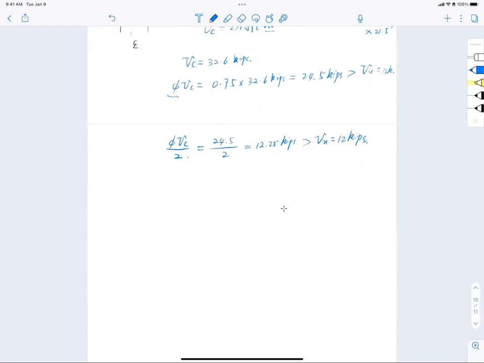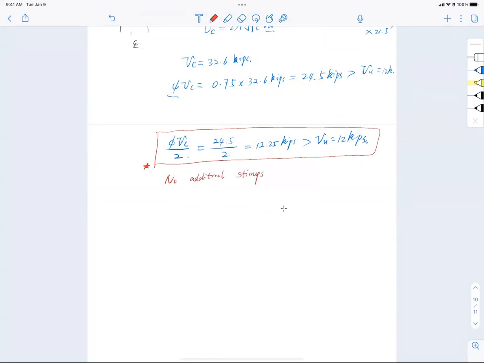If you have this criterion satisfied, half phi Vc bigger than the applied shear Vu, you're saying that no additional stirrups are needed, but you still need to provide the minimum stirrups required.